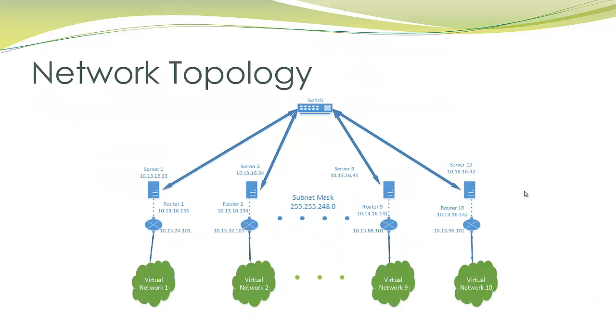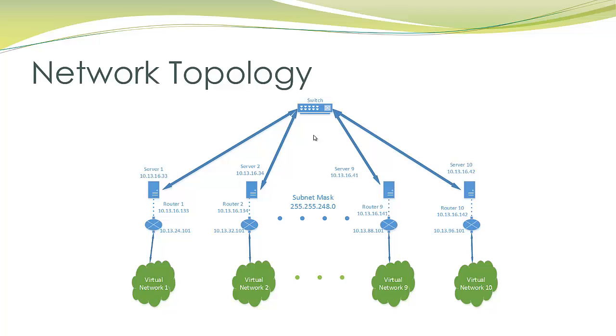Okay, in terms of the network topology, we have 10 servers, and each server has an IP address from 10.13.16.33 to 10.13.16.42, and all of these servers are interconnected by the switch. So they share the same subnet mask, which is 255.255.248.0.